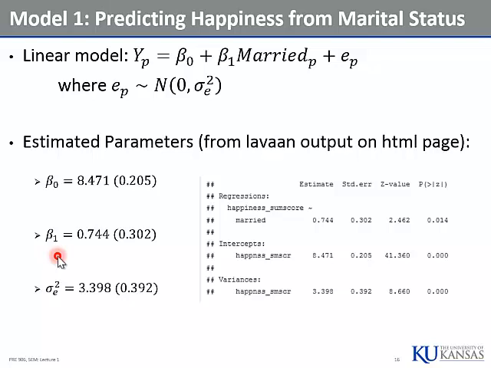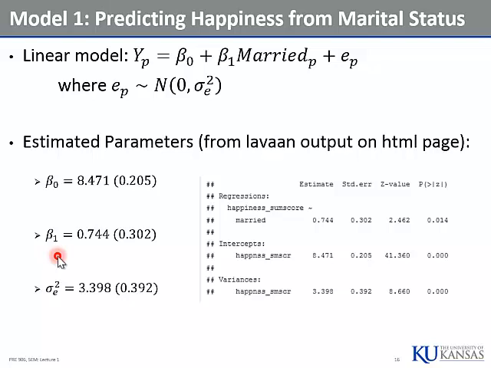That would be the difference, because we have only two groups: the people with the 1 versus the people with the 0. A 1 unit increase in marriage is kind of a misnomer when we've coded our variable. So literally, people who are married have a mean happiness that's 0.744 points higher than people who are non-married.